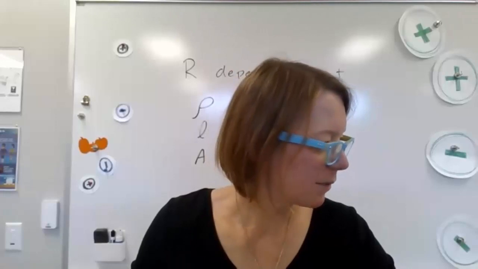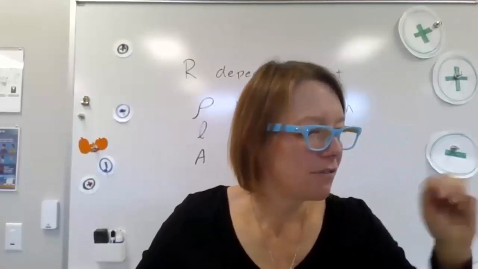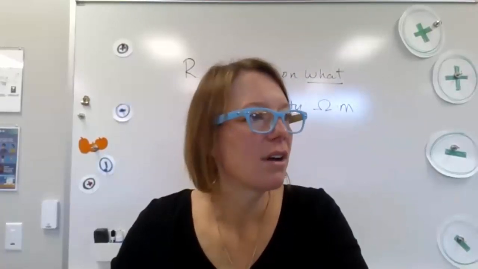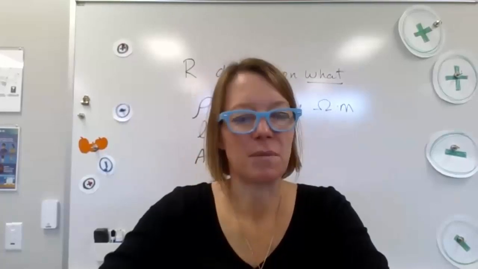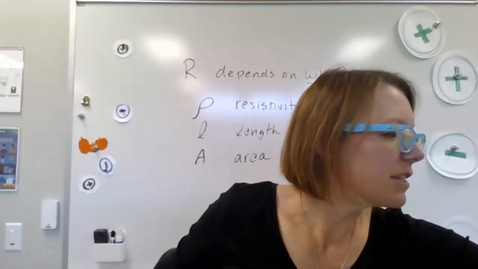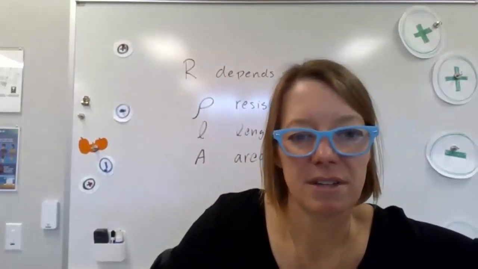Let's see. What do I want to say next? Oh, yeah. So if you look at a circuit board, or if somebody's building a circuit board, you'll see all these little round resistors.